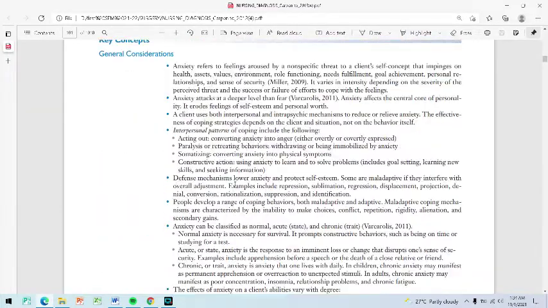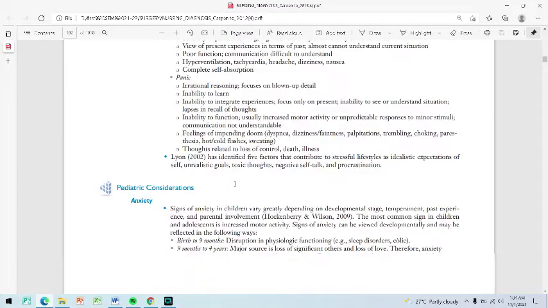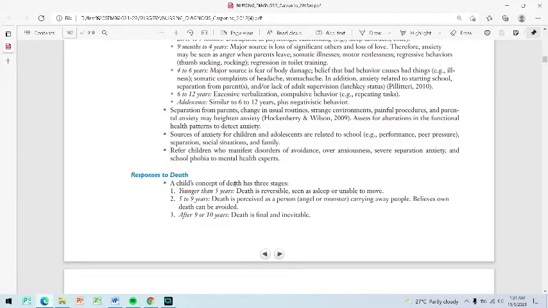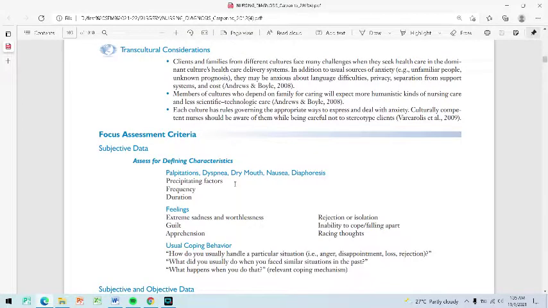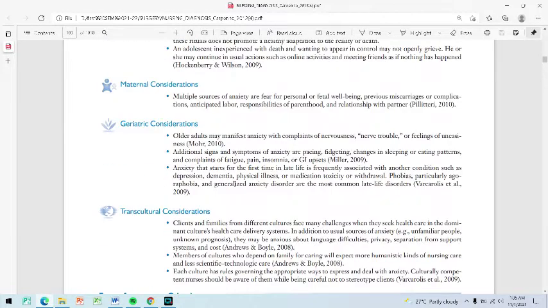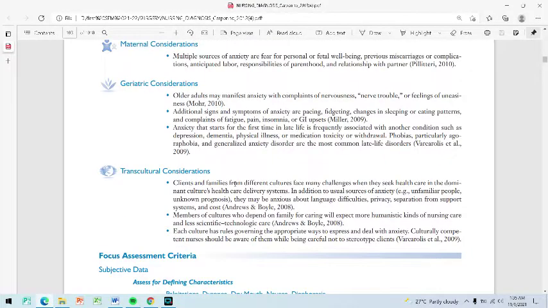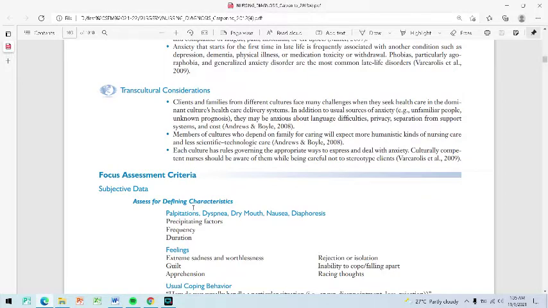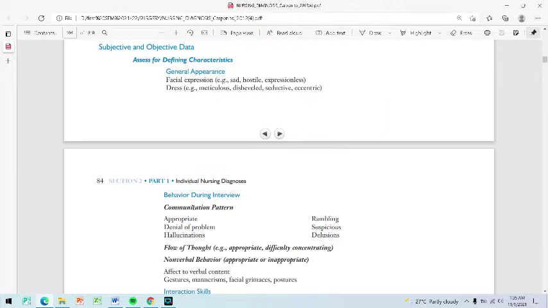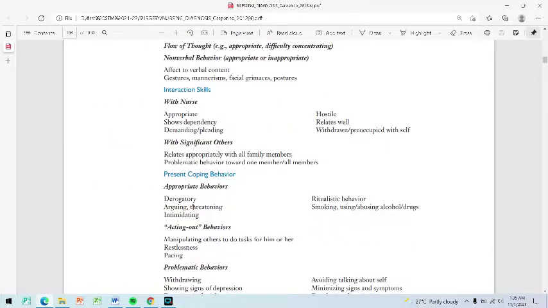Then concept. Let's look at the goal. If you will see, there is also maternal consideration, geriatric consideration, and we are trying to find the objective.